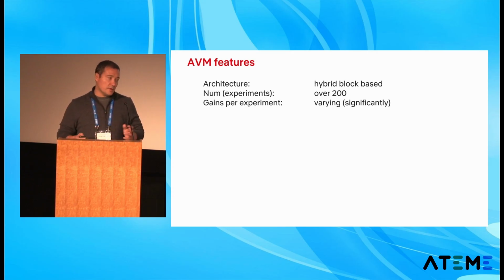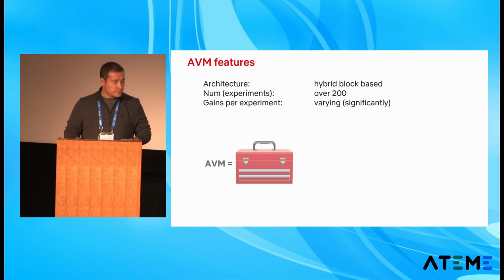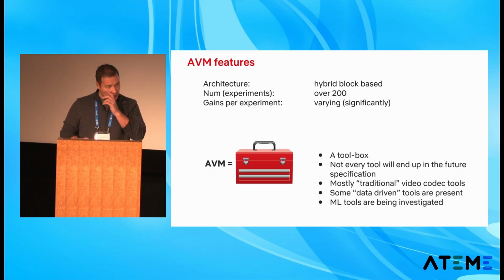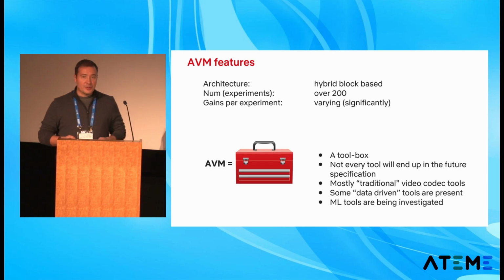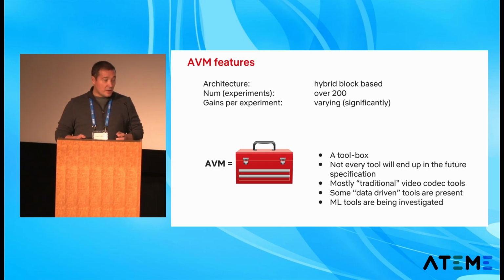So that's why the gains per experiment vary significantly. Some of them can bring, let's say, more than 2% bit rate reduction, and some of them are quite small. So you can think about AVM as a toolbox, and perhaps not every tool that exists in this toolbox will end up in the future video codec specification.